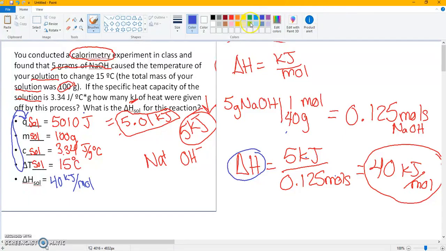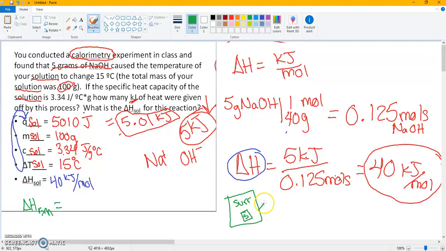Now, what if they had asked me, instead of the delta H of my solution, what is the delta H of my reaction? Well, I know that in a system, you have your system and you have your surroundings.